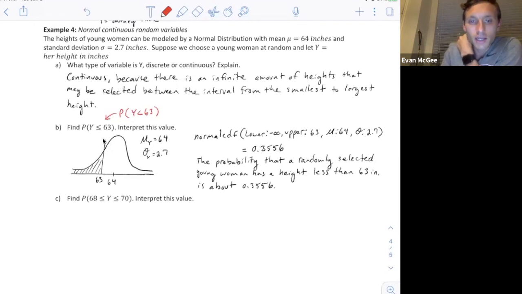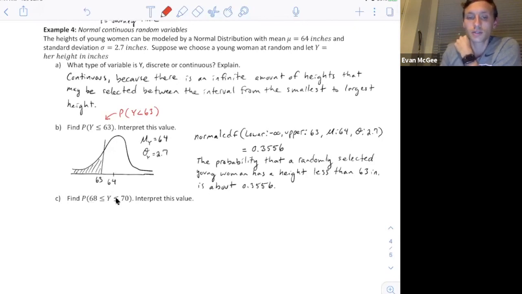If I include 63 or I do not include 63, this distance is infinitely small, and it doesn't change the area of this region. So I see students all the time say, since it's less than 63, then in their calculator they go from negative infinity up to 62.99999. But in reality, if it's less than, you're still going to put 63 as your upper cutoff, because the areas are going to be the same.